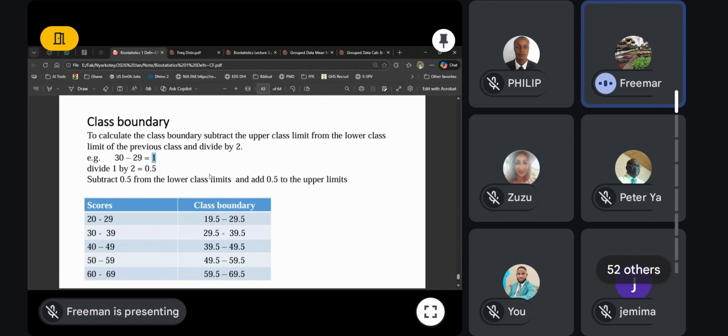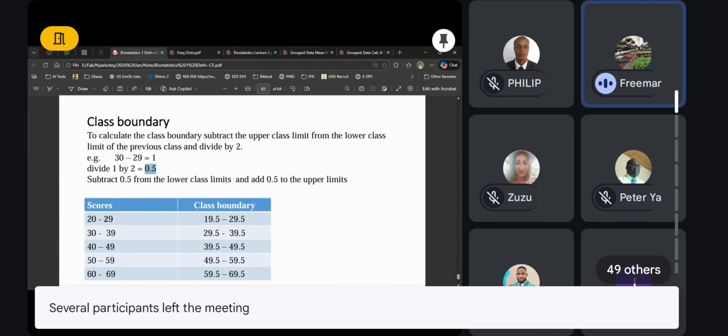Note that at your level, the class sizes may not be the same. If the class sizes are not the same, you can't just take this 0.5 and keep adding and subtracting. You have to do what I'm telling you for each of them.